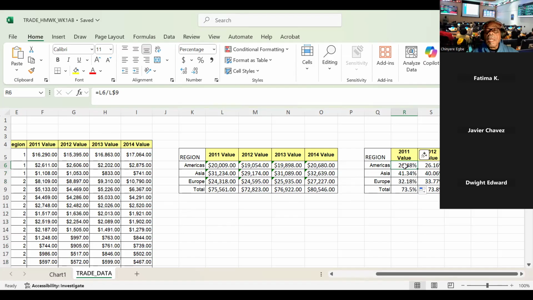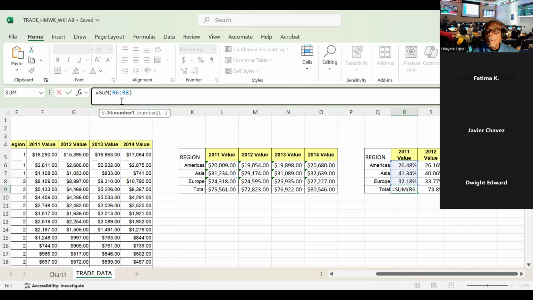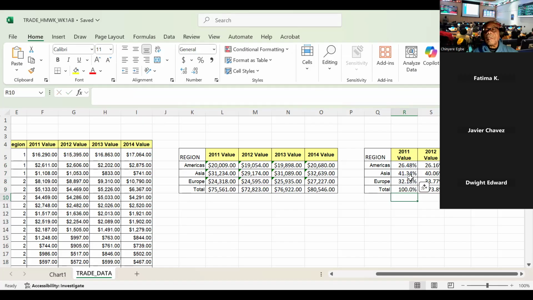L6 over L9, L7 over L9, L8 over L9. So now we have it, and now we can drag this down. And you can see here the total is always 100%.